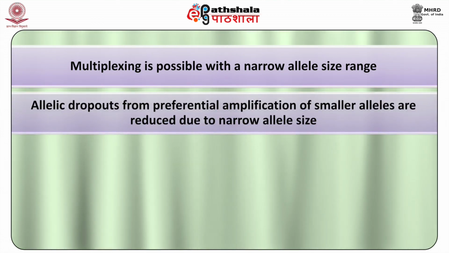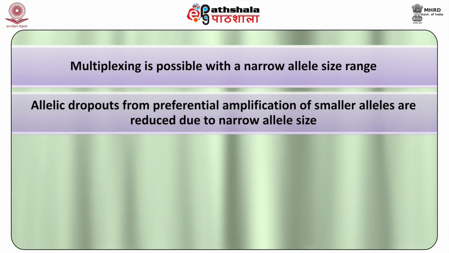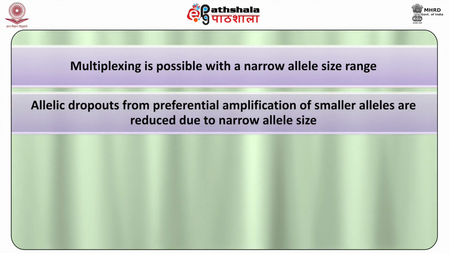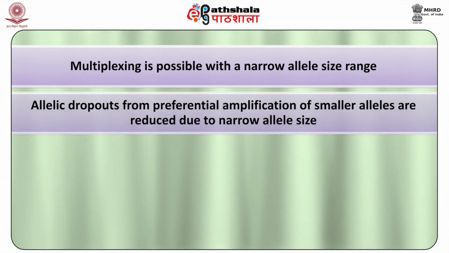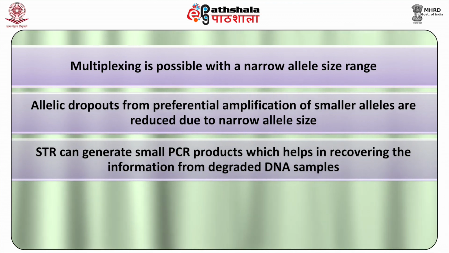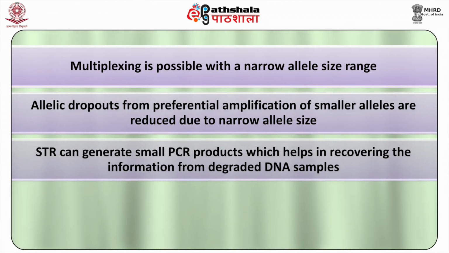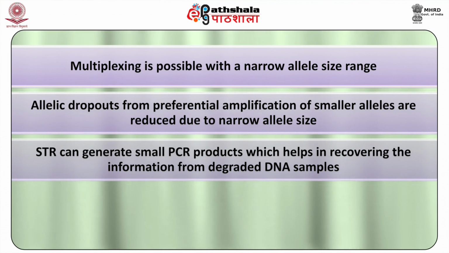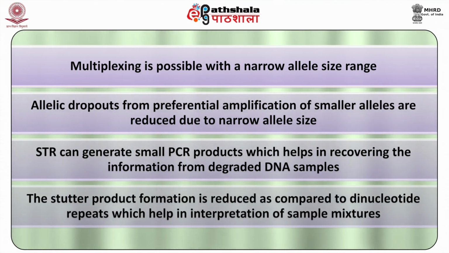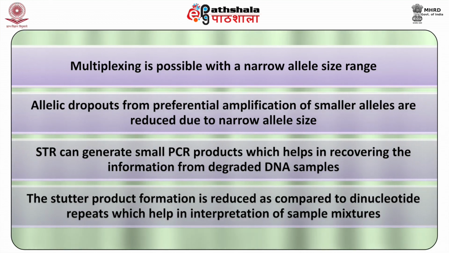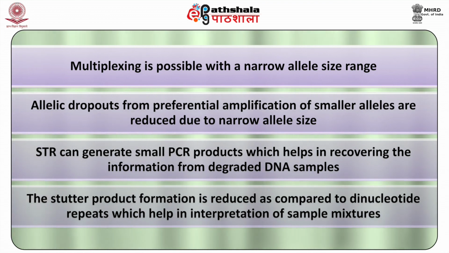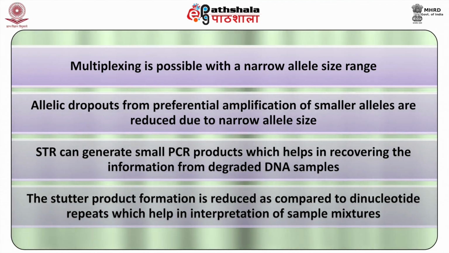Number 2, allelic dropout from preferential amplification of smaller alleles is reduced due to narrow allele size. And number 3, STRs can generate small PCR products which helps in recovering information from degraded DNA samples. Stutter product formation is reduced as compared to dinucleotide repeats, which helps in interpretation of sample mixtures.